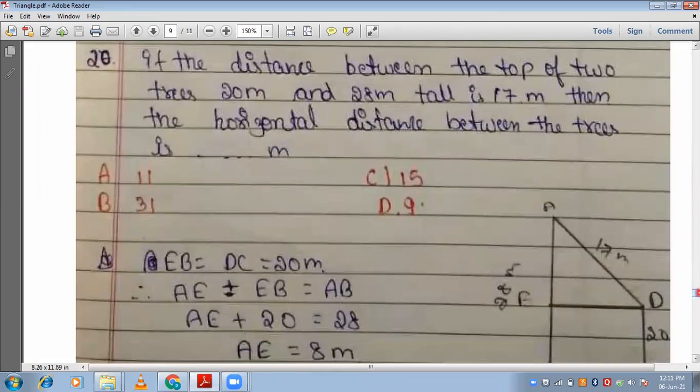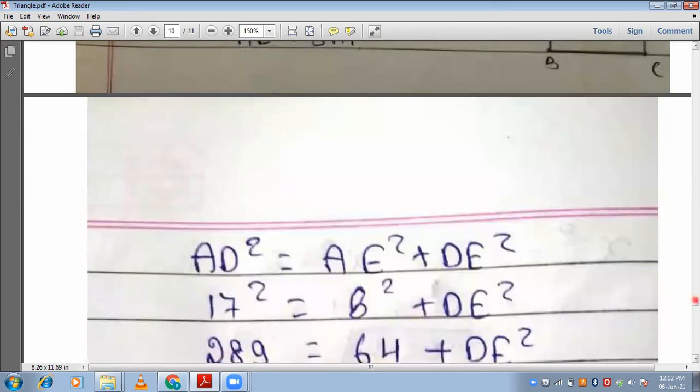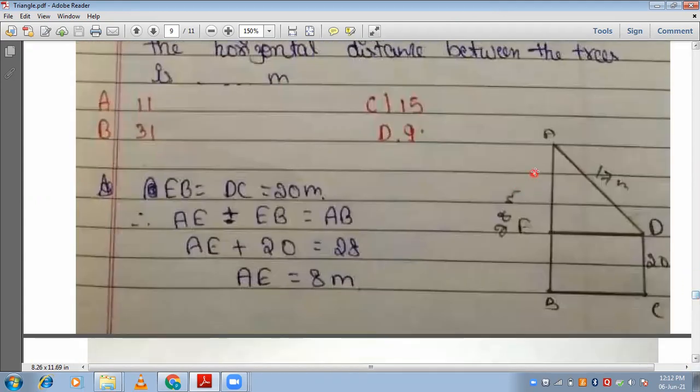Next, if the distance between the tops of two trees 20 meter and 28 meter tall is 17 meter, then the horizontal distance between the trees is dash meters. So consider two triangles here. This is the first tree, AB.